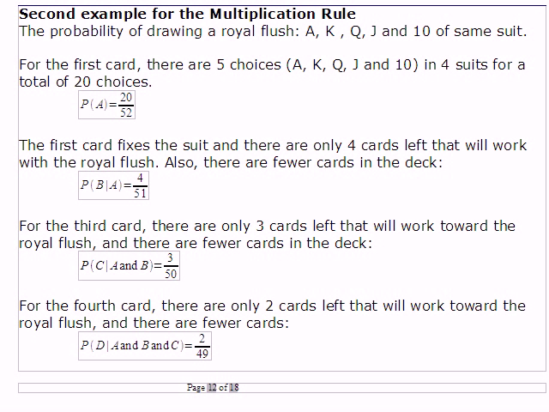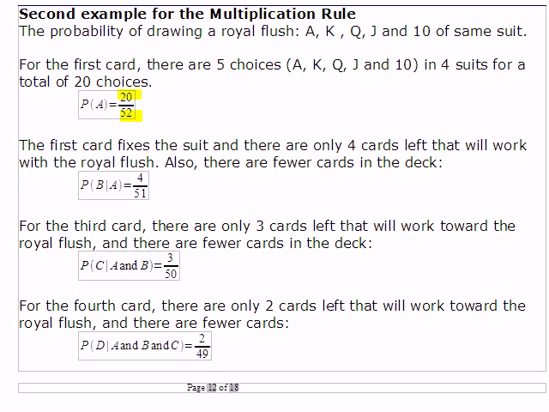There's a first card. How many possibilities are there for the first card? Well, the first card is going to specify the suit. You could draw the ace, king, queen, jack, or 10, and they're all in 4 suits. So that gives you 20 possible choices out of 52 cards, because at this point the suit hasn't been specified.